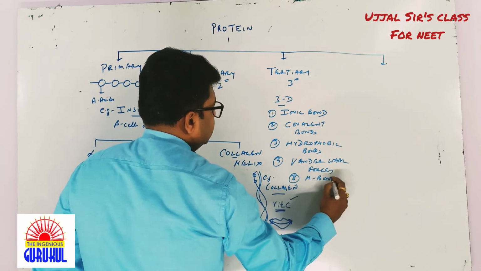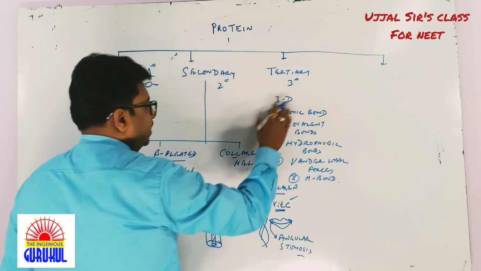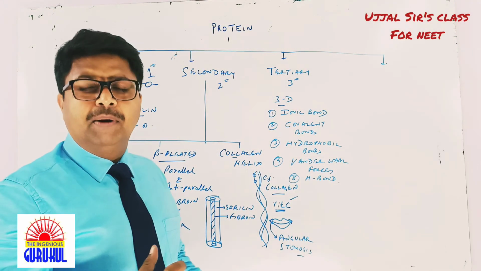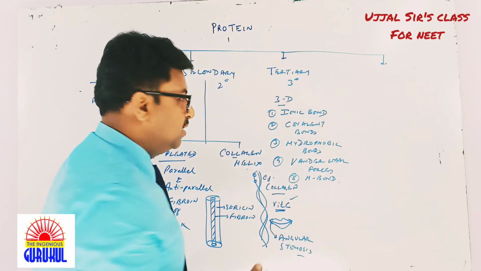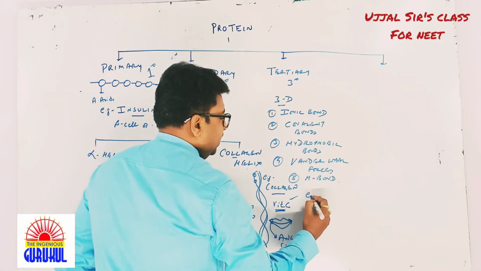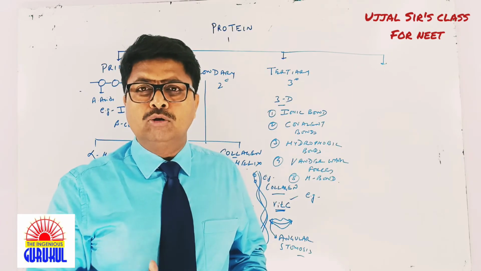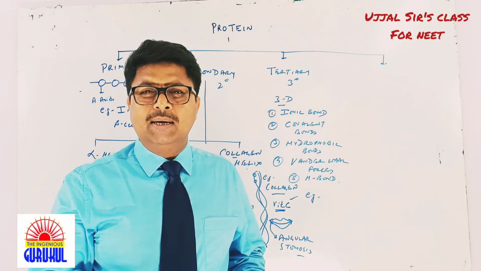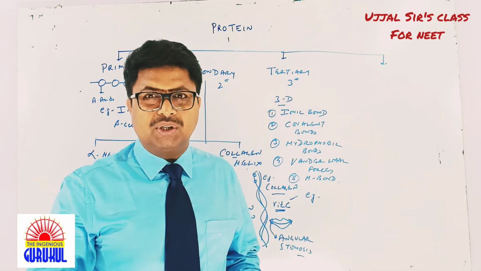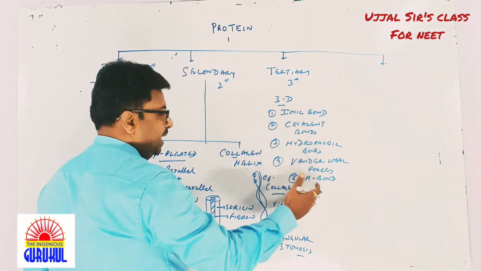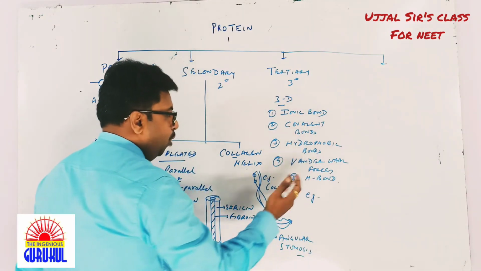These are the bonds by which the polypeptide chains are held in a particular three-dimensional structure. While studying enzymes in the biomolecules topic, we will see that every enzyme has a three-dimensional tertiary structure. It's a very complex structure because of the many bonds.